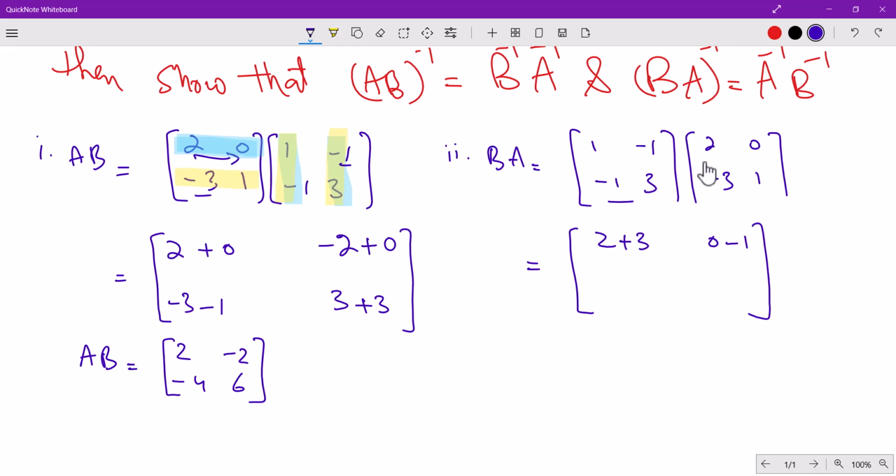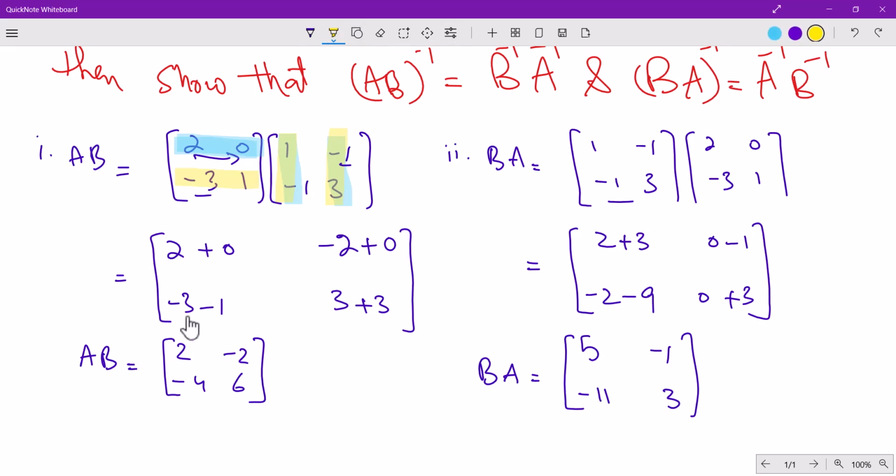Then minus 1 multiply 2 is minus 2, 3 multiply minus 3 is minus 9, minus 1 multiply 0 is 0, 3 multiply 1 is 3. So BA is equal to [5, -1; -11, 3]. We have the AB product and the BA product.